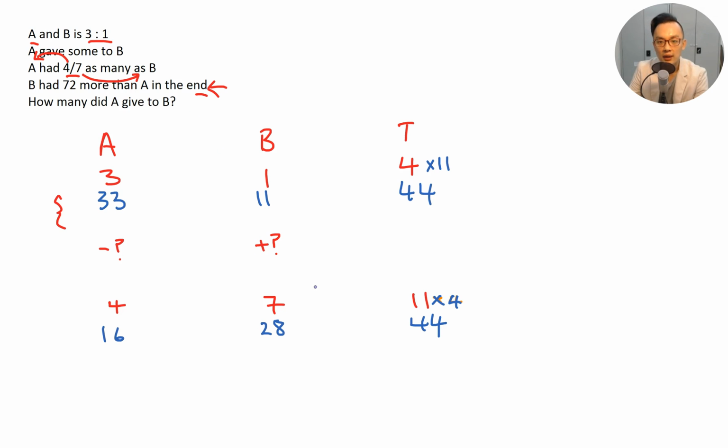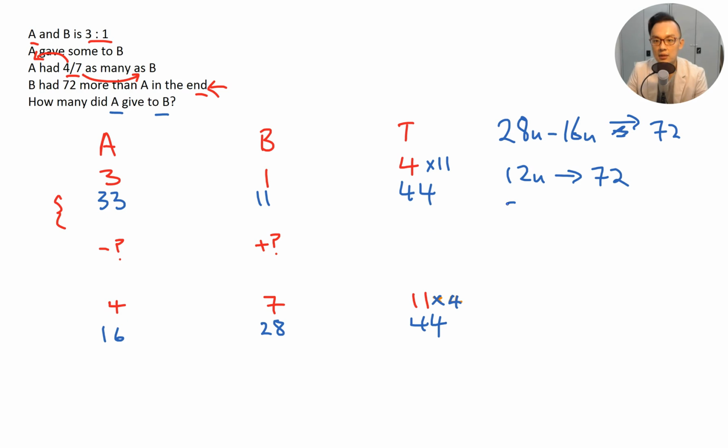So if I take 28U minus 16U, that's 72. So 12U is actually 72. So I want to find out how many did A give to B. A had 33, after that he had 16, so 33U minus 16U equals 17U.